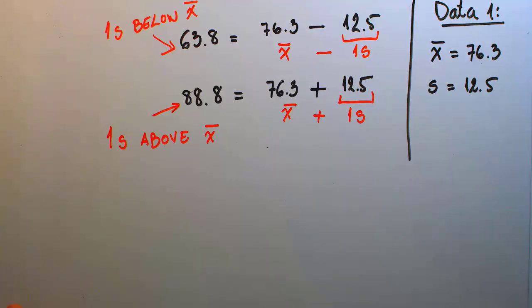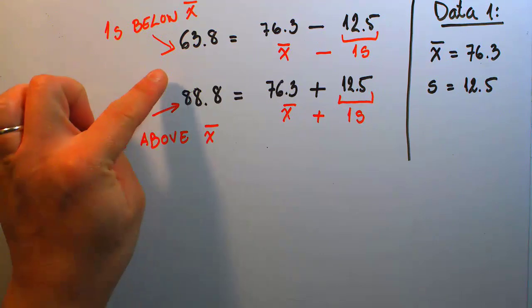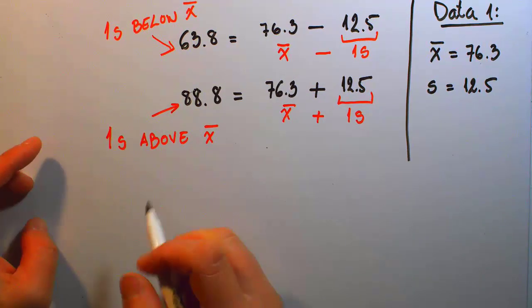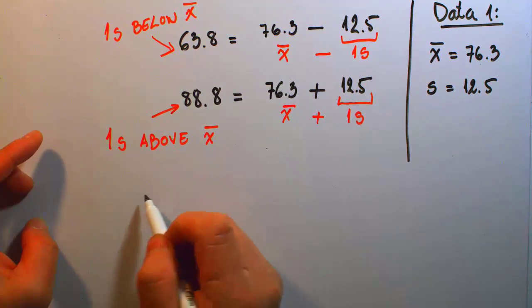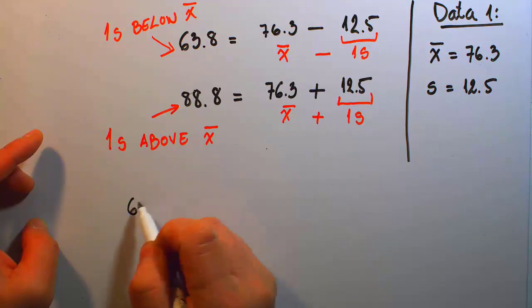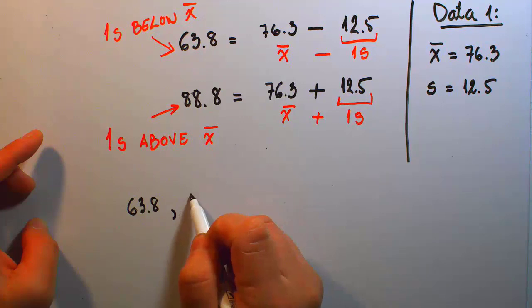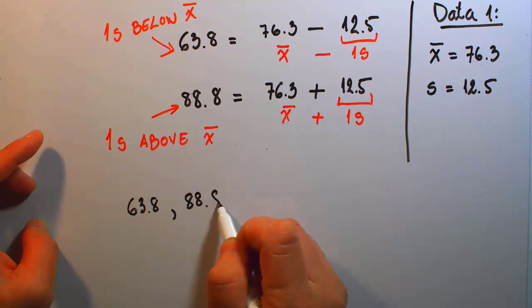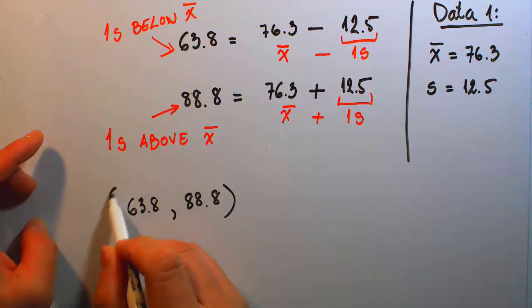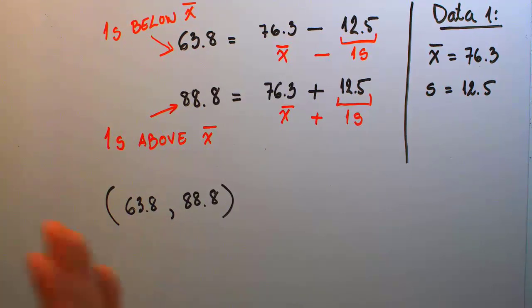Now back to what I said earlier about how special this interval from the low end to the high end is. Let me put them all together here. The low end of the interval starts from 63.8, and the high end here ended at 88.8. So here's an interval in traditional format where we show the low and the high with a comma between. But this interval, as I have been explaining, here's another way we can see that.